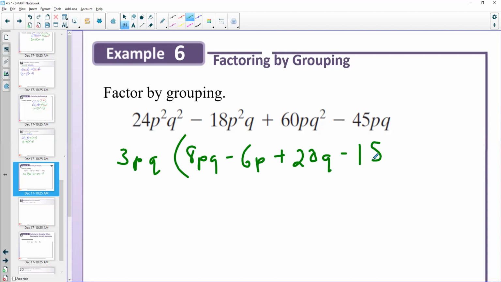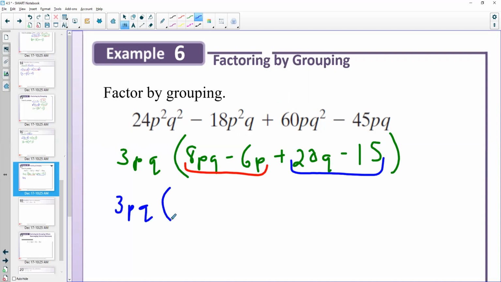All right. Now we can factor by grouping. I can't leave this middle gunk like this. That's not okay. But I can reorganize. So I can make a group here, and I can make a group here. I'm going to leave this 3PQ at front. It doesn't disappear just because you're not using it. It's important because it'll help me re-multiply back to my original if I need to do that. So now look at the red group.